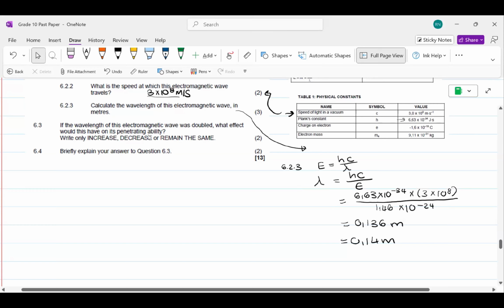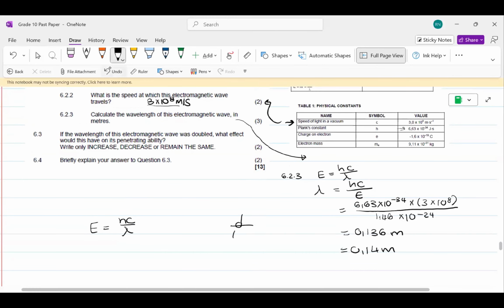If we have our formula, which says E equals hc over the wavelength, and the wavelength is doubled, so normally in fractions, if I have 1 over 100, that's going to be smaller than 1 over 10, because the bigger the denominator is, the smaller the whole fraction is going to be.